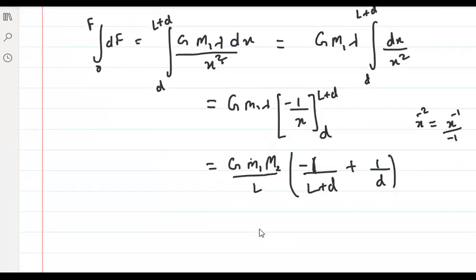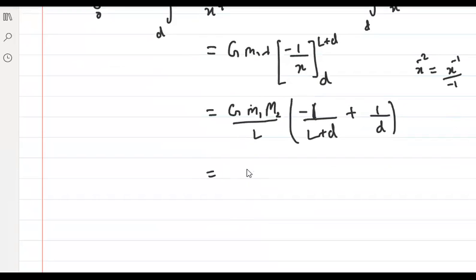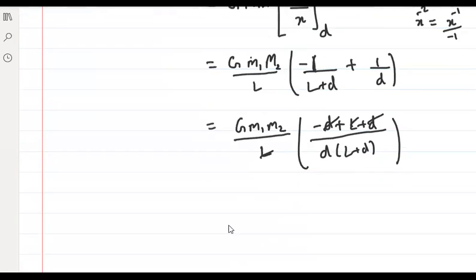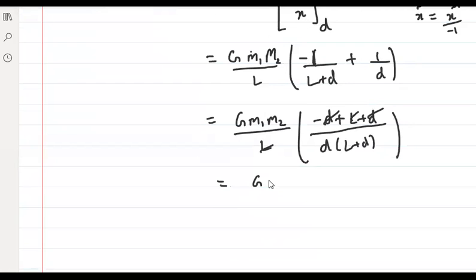Okay, if you solve this, what you will get? Minus d plus L plus d divided by d into L plus d, dd cancel, LL cancel, right? So the answer is G m1 m2 by d into L plus d.